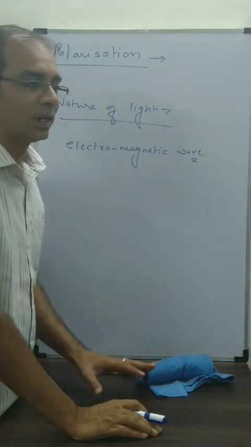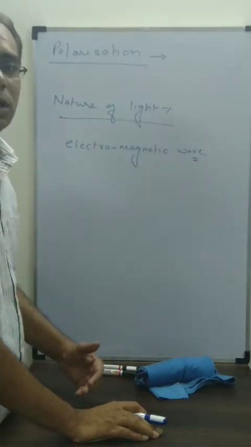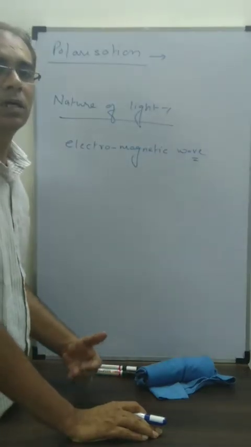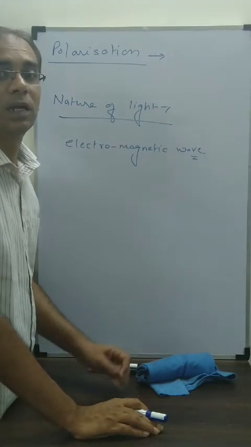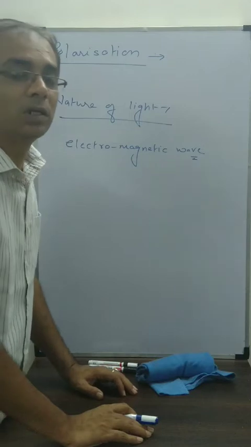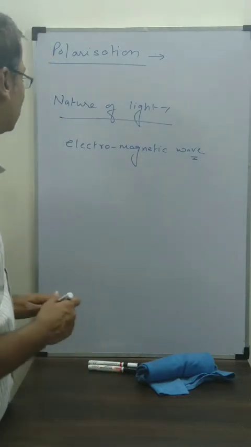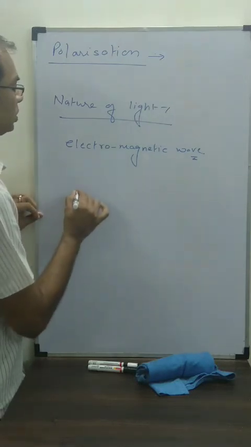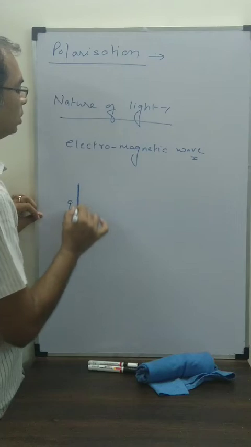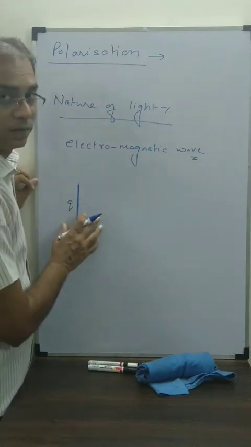So it was assumed that on the sun there are many charges, many nuclei, and if those charges are in motion, as we have studied, when a charge is in motion it produces an electric field as well as a magnetic field. So if we assume that a charge Q is oscillating, since this is an accelerating charge, it will produce both electric field and magnetic field.